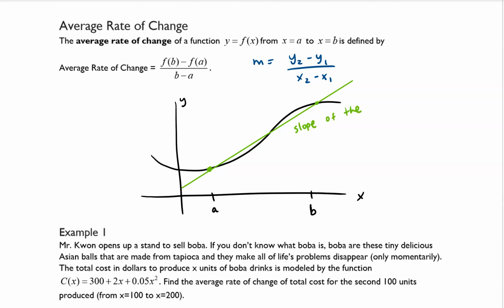And that line has a special name. It's called the secant line. So slope of the secant line is equal to the average rate of change.